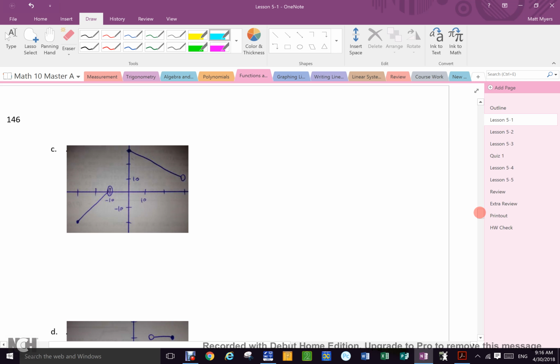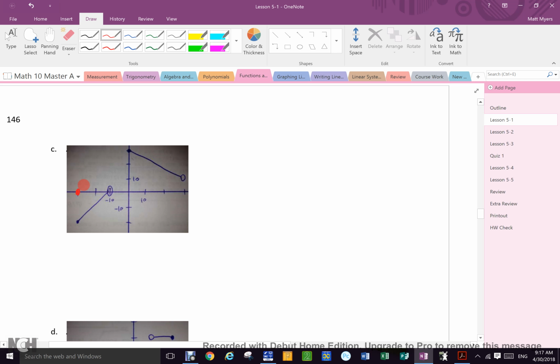Look at C. Tell me what's the same in C as in B. It's a function. And it's lines, correct? But what's different? Lines are separate. So this guy has a domain and range, and this guy has a domain and range, doesn't it? You got to label them.